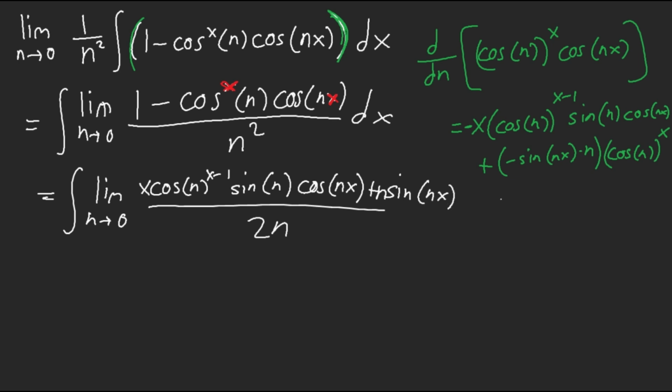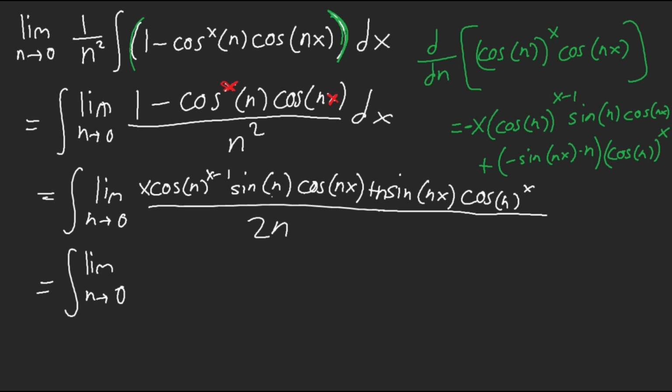This is a mess, I know. I don't blame you. Now, first of all, I see sine of n's, and I'm going to divide n to both sides so that I can make this a lot cleaner.